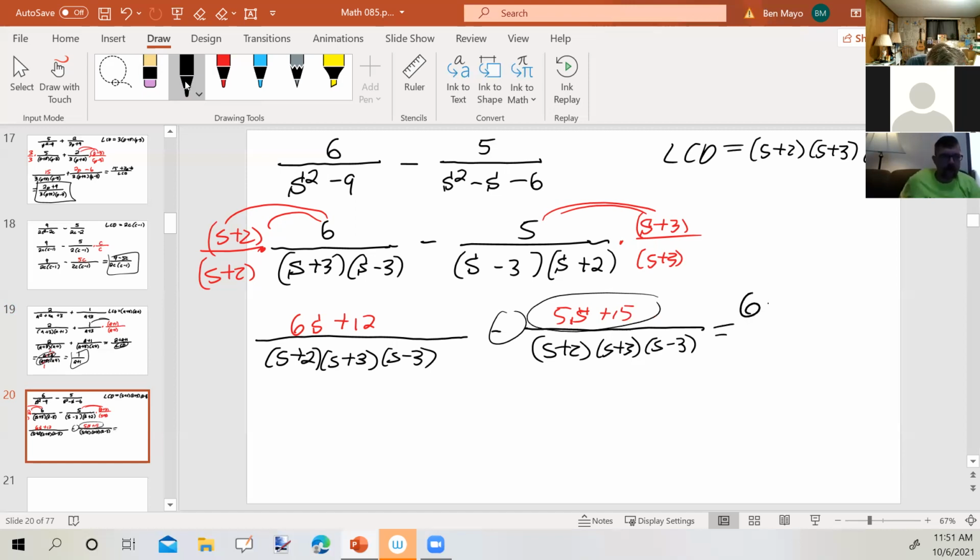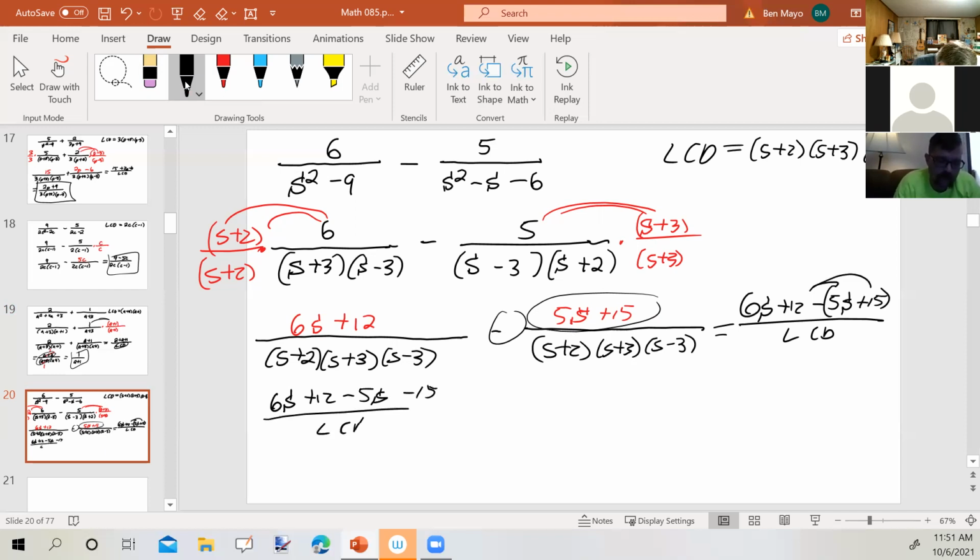So I'm going to get 6s plus 12 minus the quantity 5s plus 15 all over the LCD, which is going to give me 6s plus 12 minus 5s minus 15 all over the LCD, which is going to give me s minus 3, combining like terms, all over the LCD, which I'm now going to write because I'm going to be using it in this step.